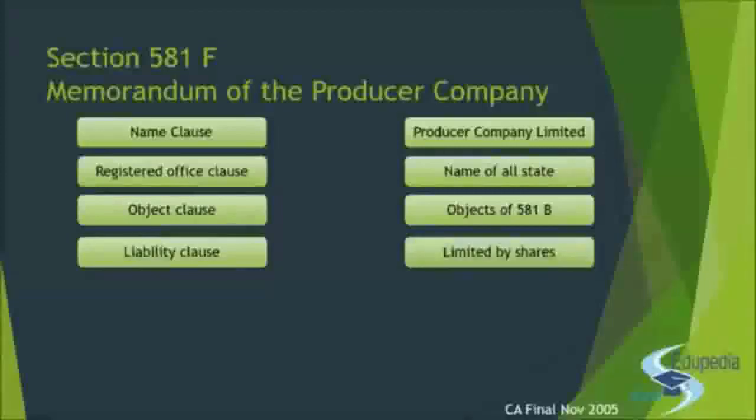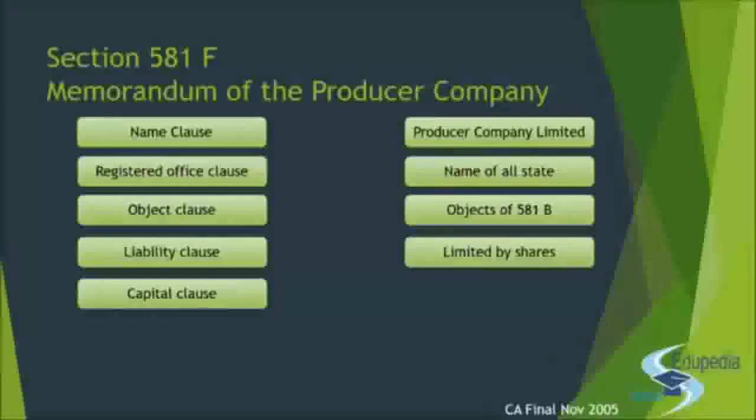Then we move on to the next clause, which is the capital clause. Again, we have seen this when we were talking about the differences, because in a private company, you can have both equity shares and preference shares. But in the case of a producer company, you only deal in equity shares. You don't have the concept of preference shares in a producer company.